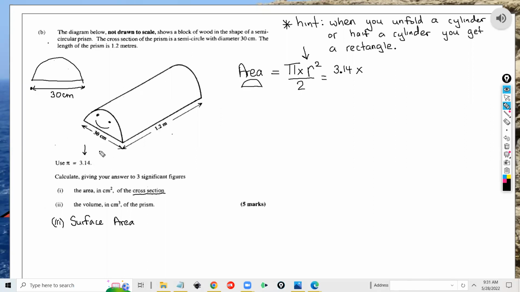Recall that the radius is half the diameter, so that means the radius is actually 15. Don't fall for that trick in the exam, okay? So we have to multiply by 15 squared and then divide it by 2 because it's half of a circle.